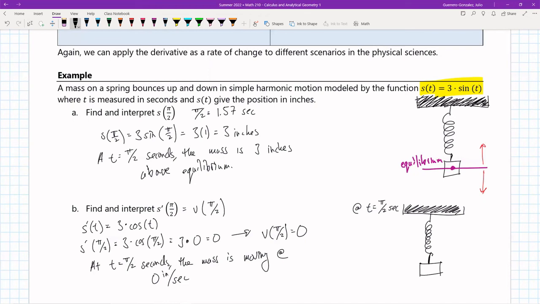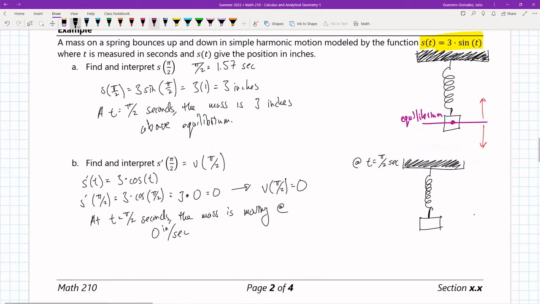Equilibrium for this thing is down here. It has been displaced by 3 inches. That's what we got for part A. And then part B is telling us that it's not moving anywhere.